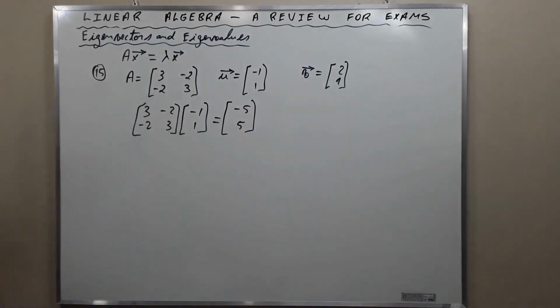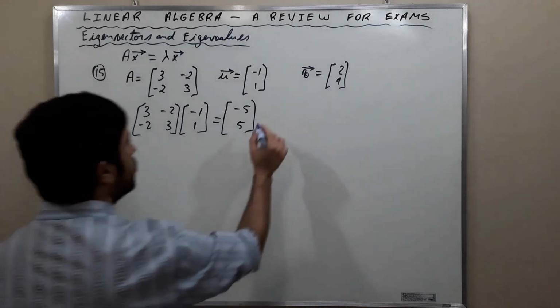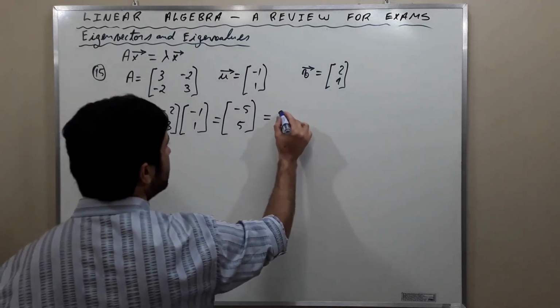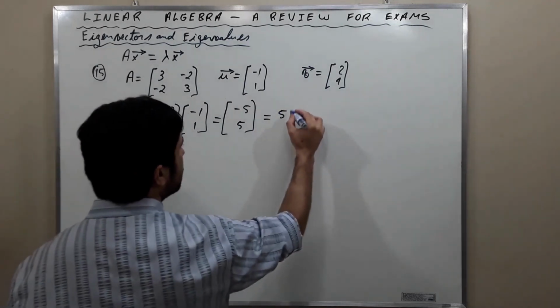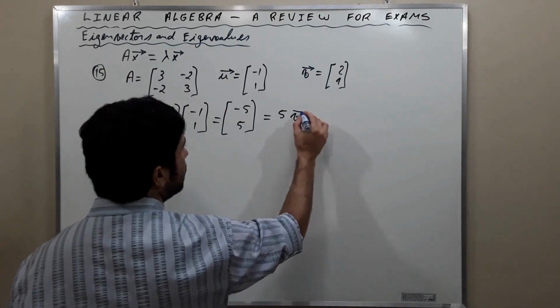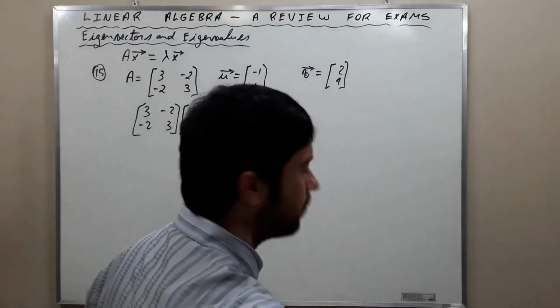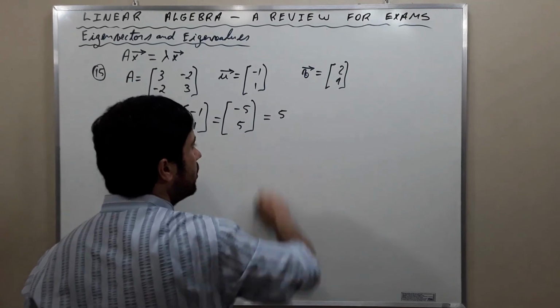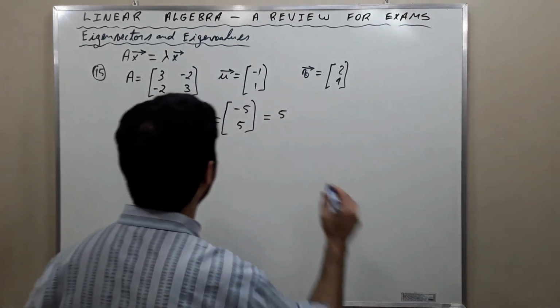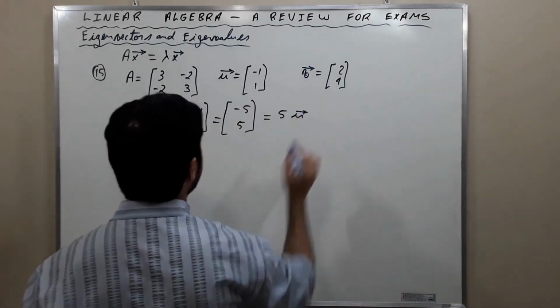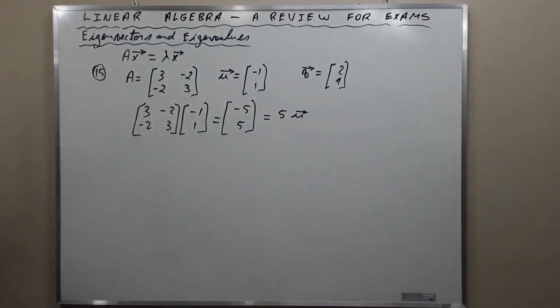And this vector is equal to 5 times vector U, not vector V, sorry, vector U. Okay?